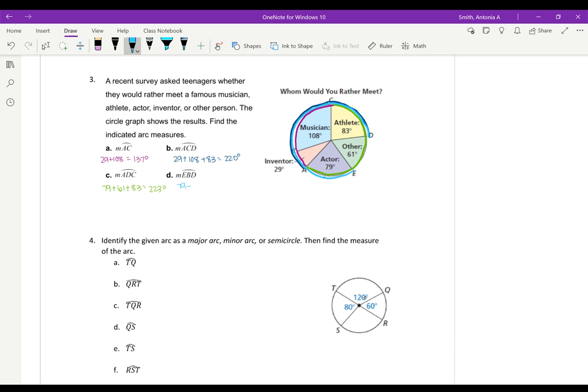We've got 79 plus 29 plus 108 plus 83. I get 299. And that's it.